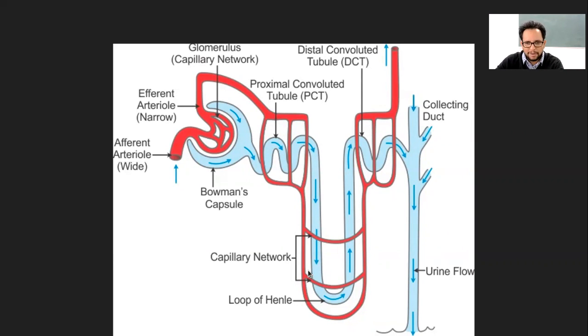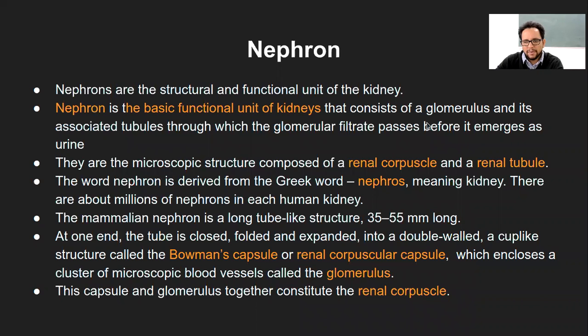We will see them one by one later. As of now, I hope this part is clear. Nephron has two parts, renal corpuscle and renal tubule. Renal corpuscle is made up of glomerulus and Bowman's capsule, and renal tubule is made up of PCT, proximal convoluted tubule, Henle's loop, and DCT, that is distal convoluted tubule.